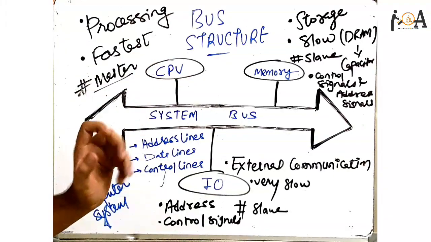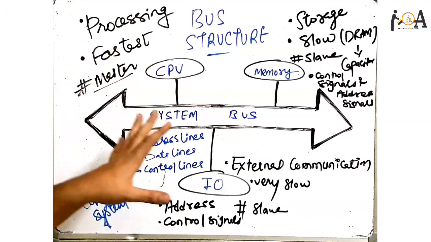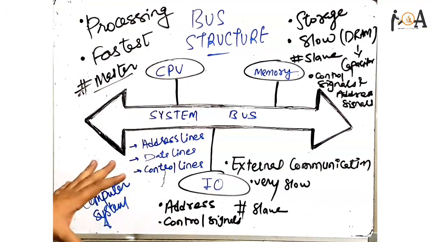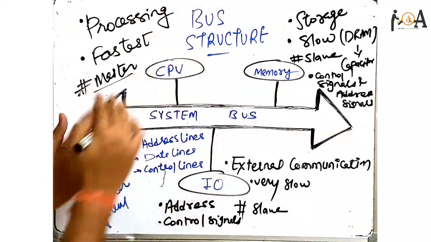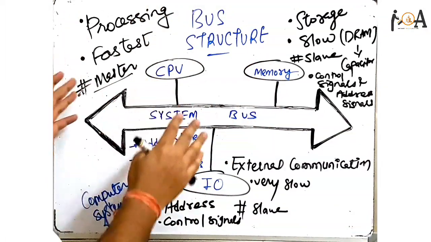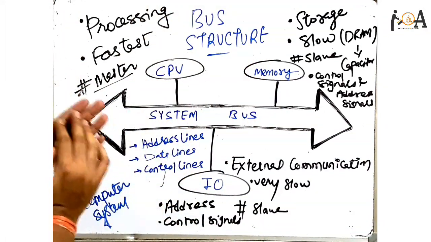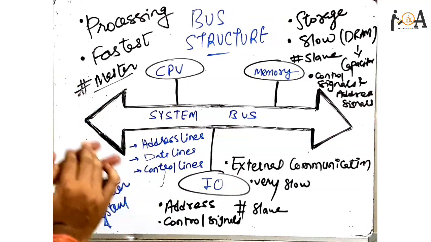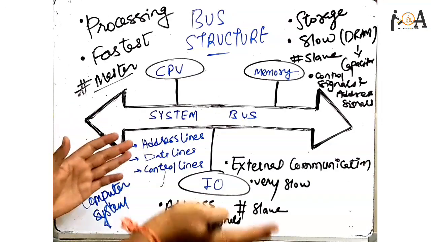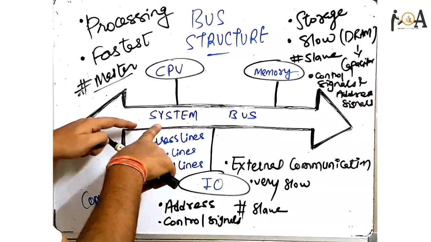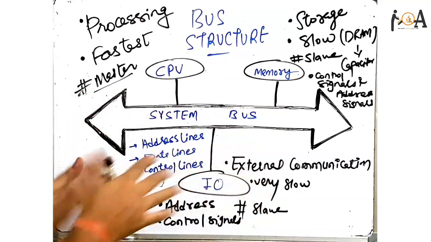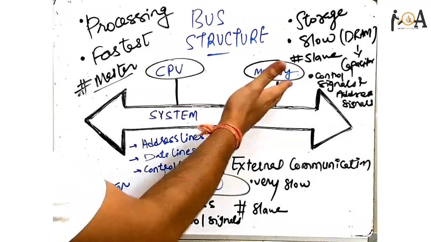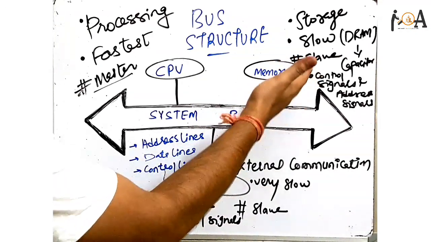Now let's see the architecture of bus. You can see here a typical architecture of bus structure in a computer system. You can suppose this whole as a computer system. Let's understand each and every part. First, the system bus connects the major components of a computer system, like memories, your RAM, ROM, hard disk.